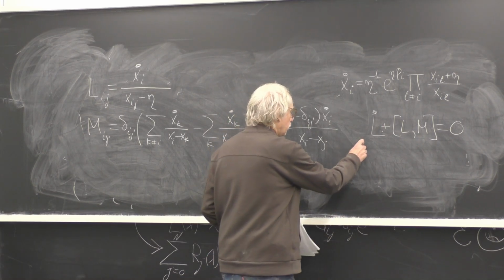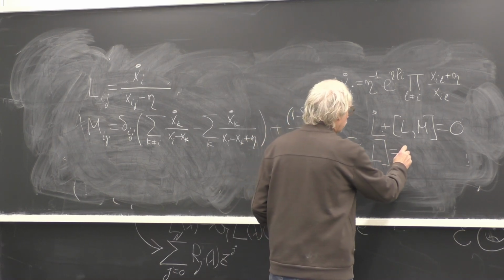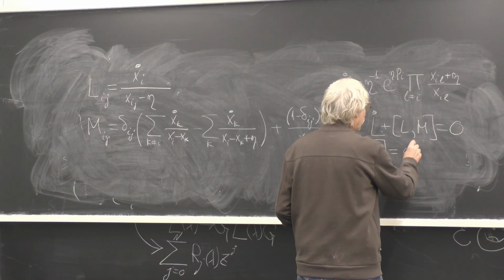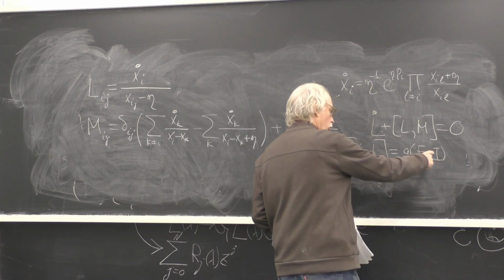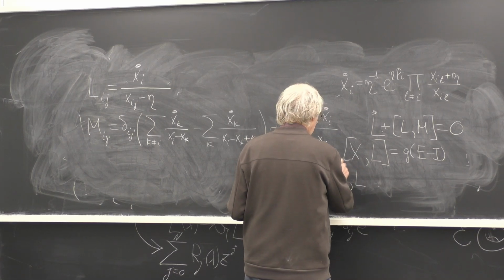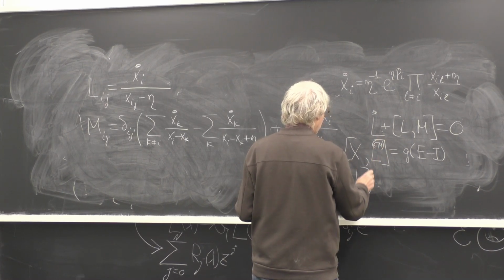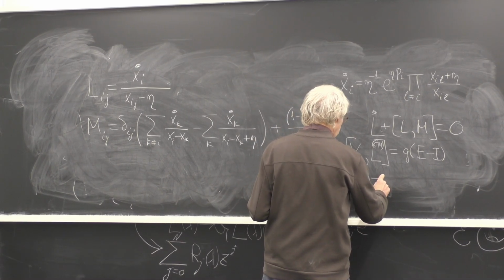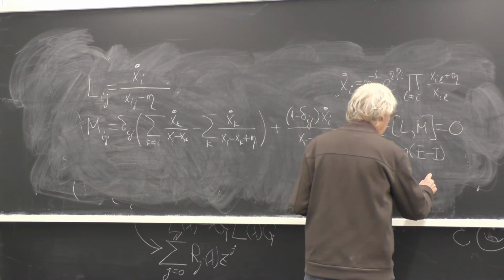Let us note that the analog of this commutation relation, which was for the Calogero-Moser model, was of this form, and now this is the Calogero-Moser Lax matrix, and this Lax matrix satisfies the following analog of this relation.